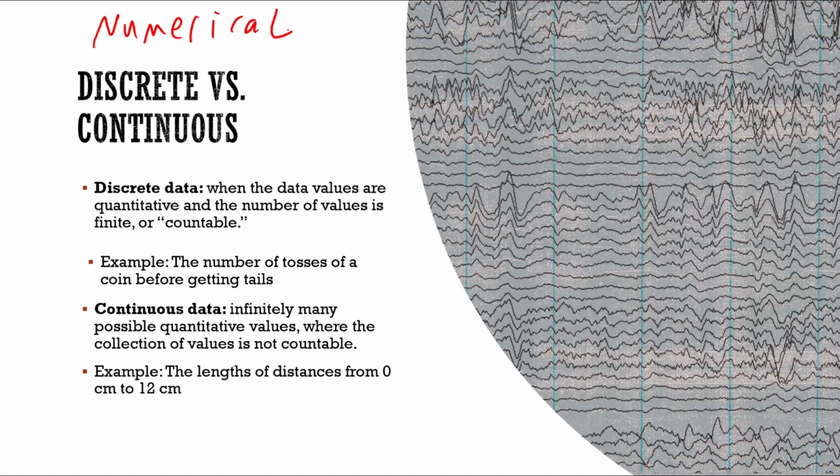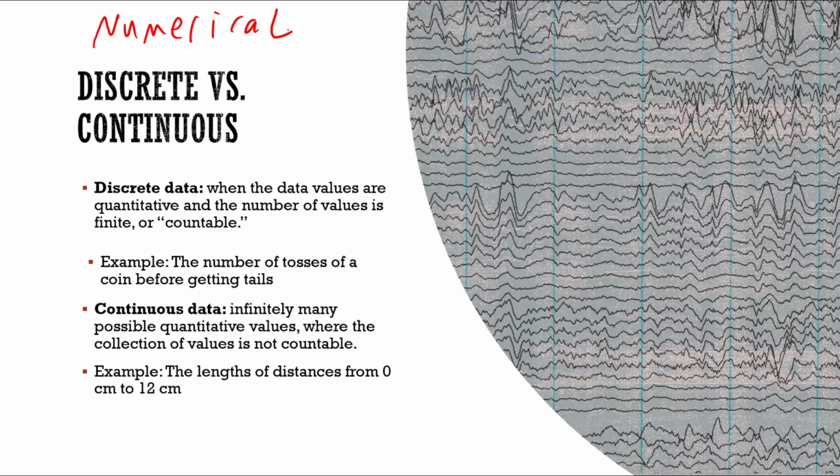it can be broken down between discrete and continuous, right? So discrete data is data where the number of values is either finite or countable. Typically it has to be a whole number. For example, the number of tosses: I could toss a quarter over and over again and write each time how many flips it takes me to get a heads.